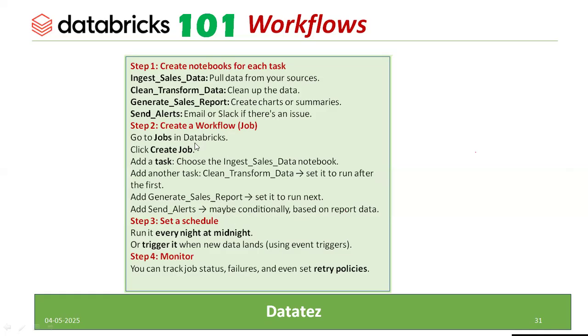It's going to pull the data, transform it, generate the reports and notify the stakeholders as well. Apart from that, you can constantly monitor whether the jobs are failing, what the status is, and if tasks are failing, how you can retry. All that is possible through Databricks workflows.